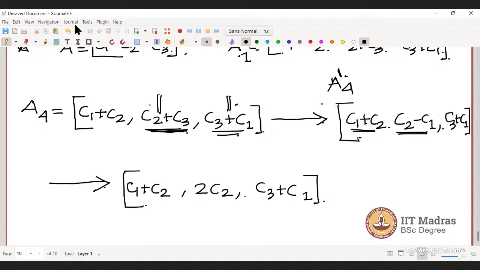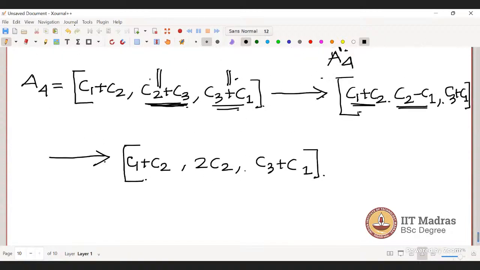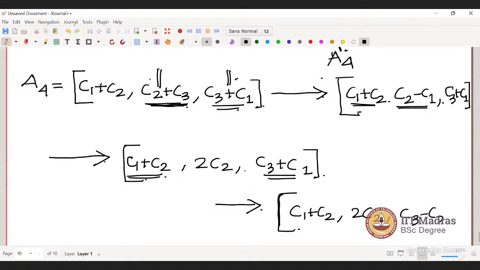Then what you do? You subtract this one with this one. What you will get? C3 minus C2, C1 plus C2, 2C2, C3 minus C2. Right? Right.